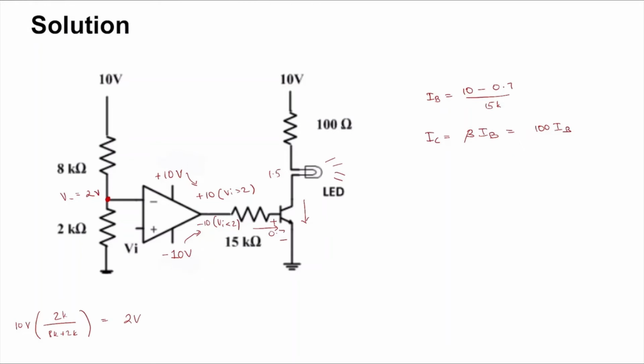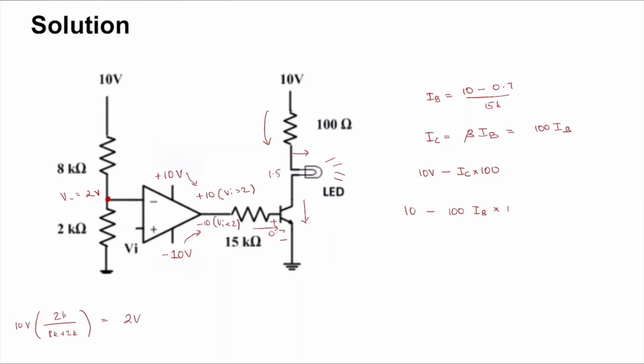And the same collector current flows across the 100 ohm resistor, and so the voltage at this point should be 10 volt minus IC into 100. So that is 10 minus 100 IB into 100.